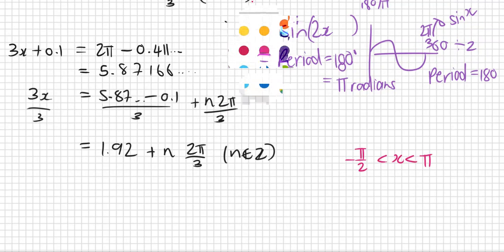So we have so far, if we look at minus pi over 2, where does that get us to? Well, let's take a look.